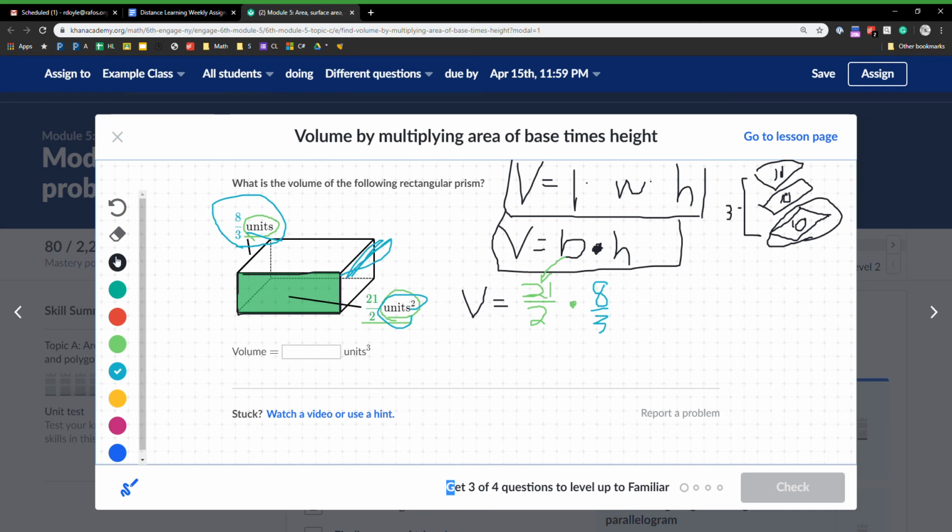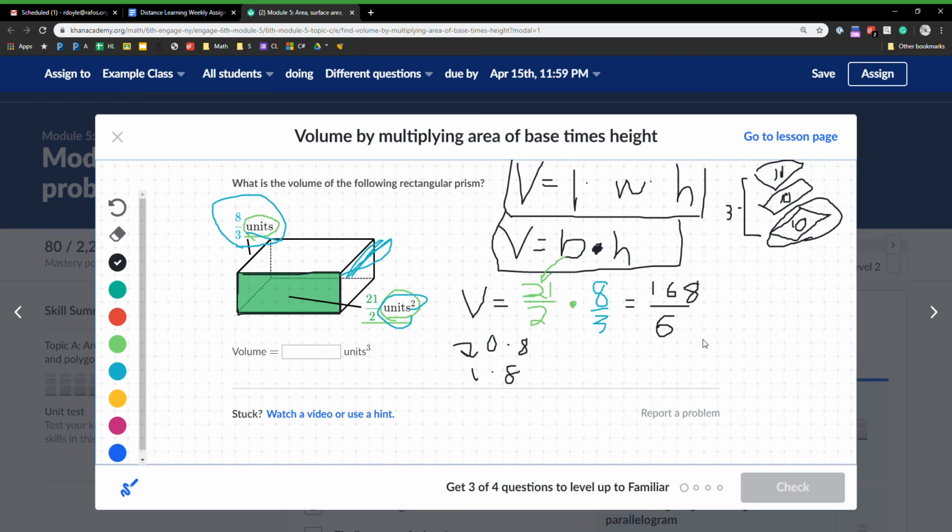So then we can just multiply it. 2 times 3 is 6. 20 times 8 would be 160, and 1 times 8 is 8, so this is 168.